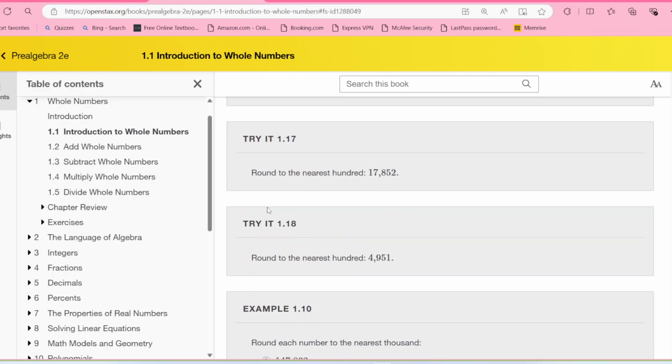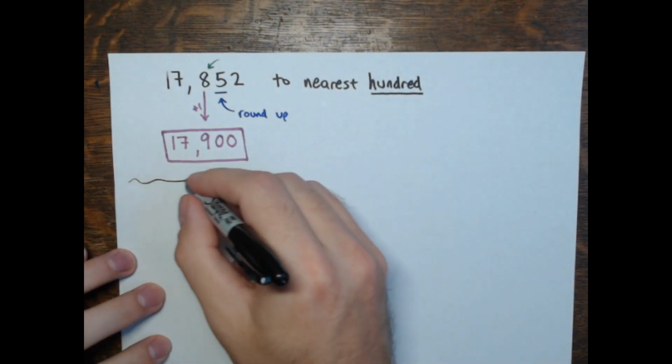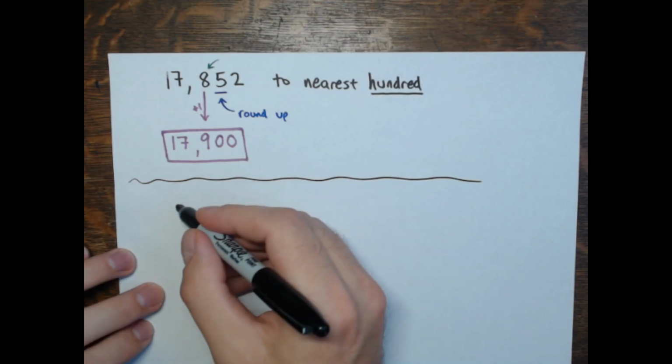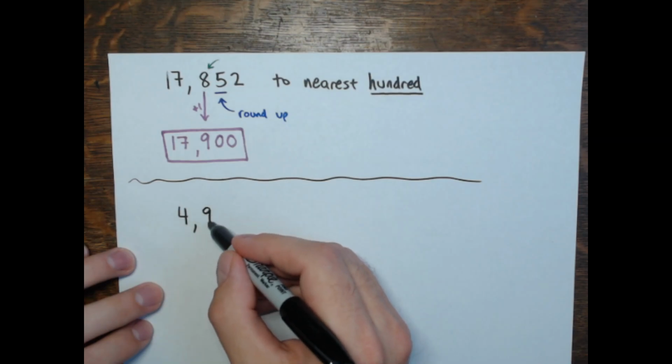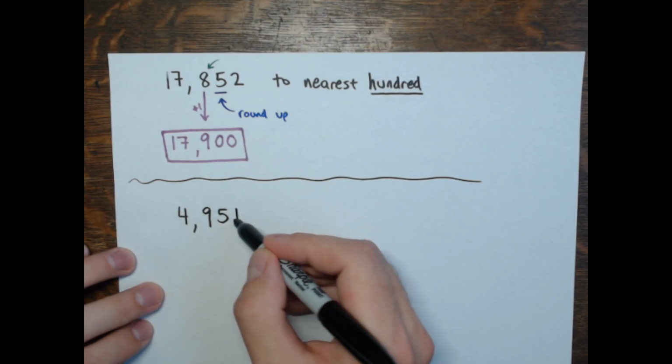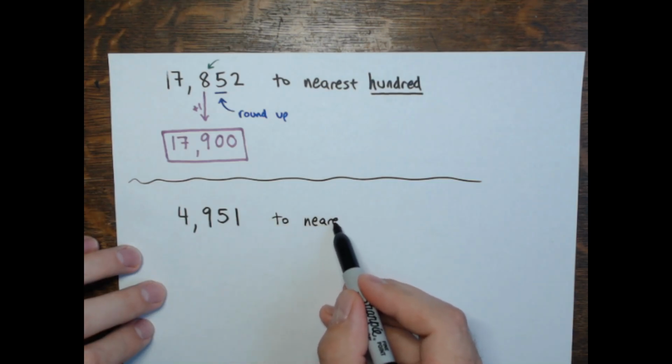All right. Then try it 1.18. Again, we're asked to round to the nearest 100. So we write this up. This is the number 4,951 to the nearest 100 again.